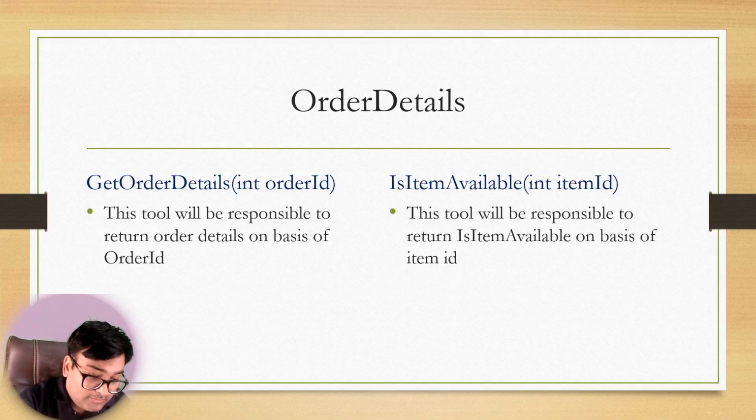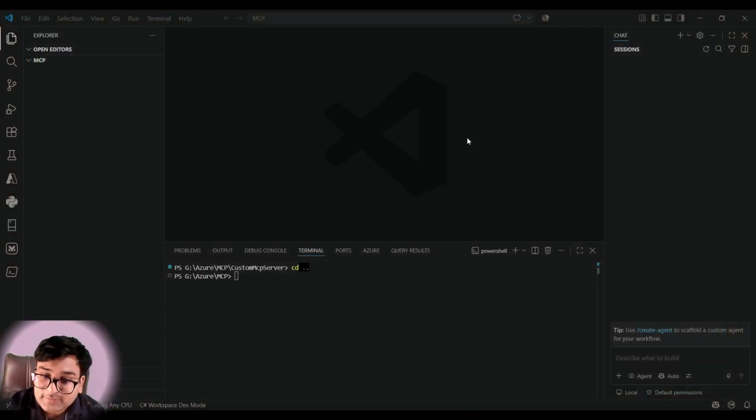Let me move to Visual Studio Code first. So here you can see I am in Visual Studio, and here I am in the MCP project MCP folder. Now the next step is to create a .NET console application. So let me copy the command.